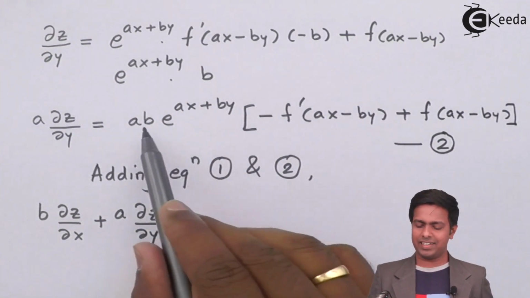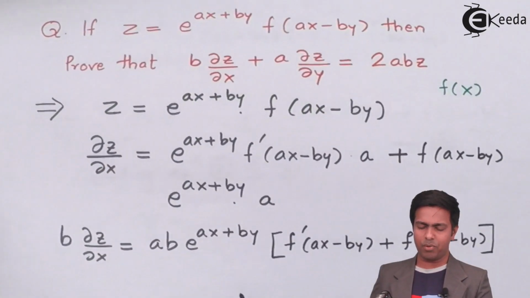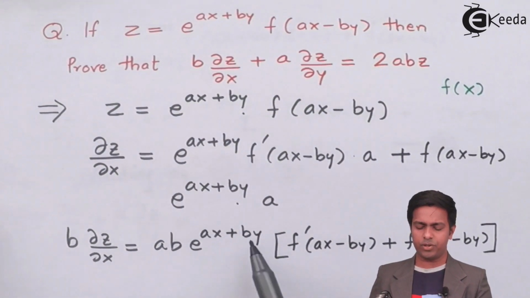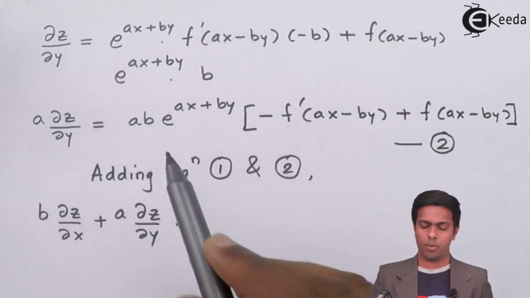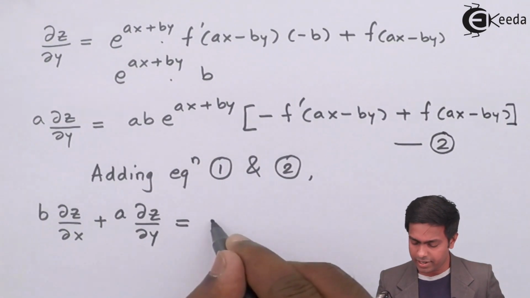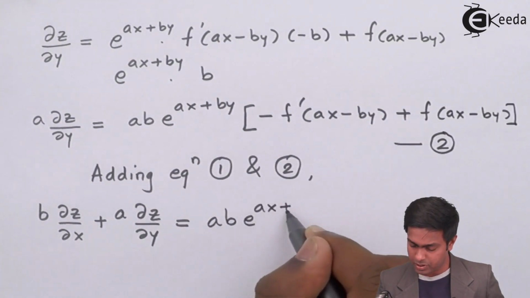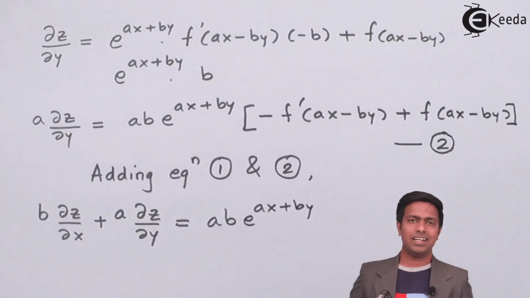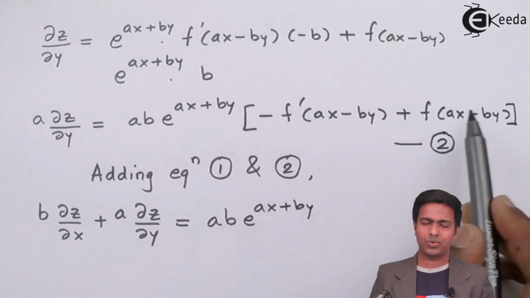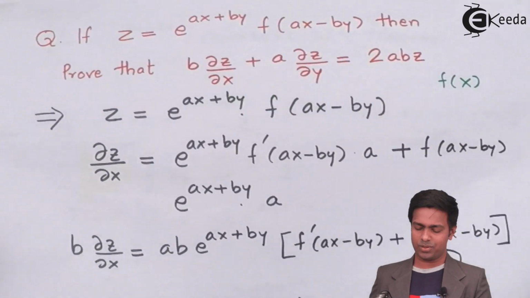So if I add this term with the equation number 1, then we can take ab e to the power ax plus by common from both the terms. So here I'll write down ab e to the power ax plus by outside, and we'll actually add these two terms with these two terms.